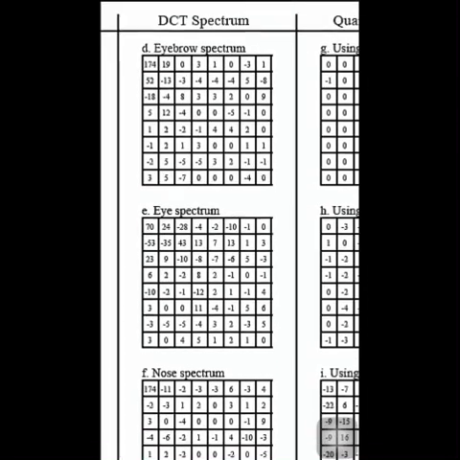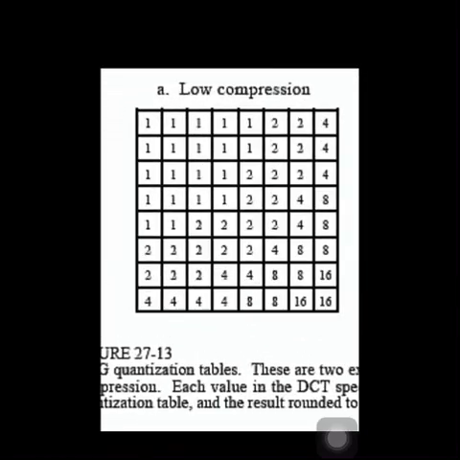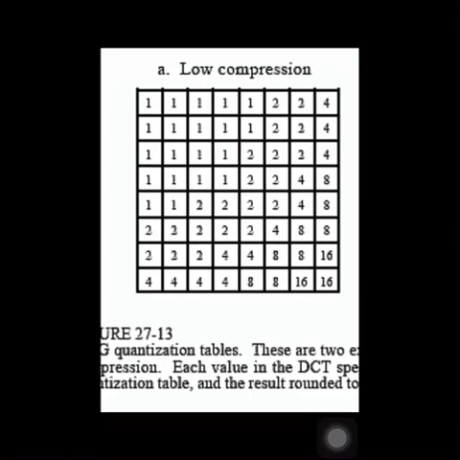Right? So these are the output of DCT, and as we know, the output of DCT is fed to a quantizer, which is also fed by a quantization table. So we'll have a look at the quantization tables.